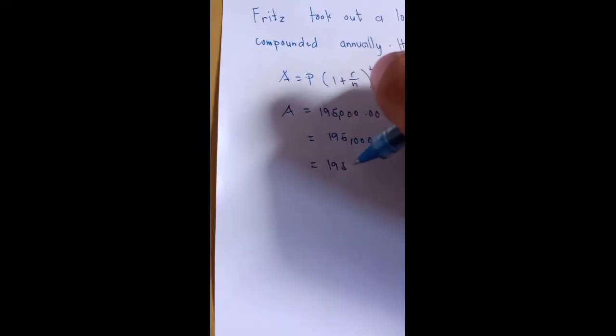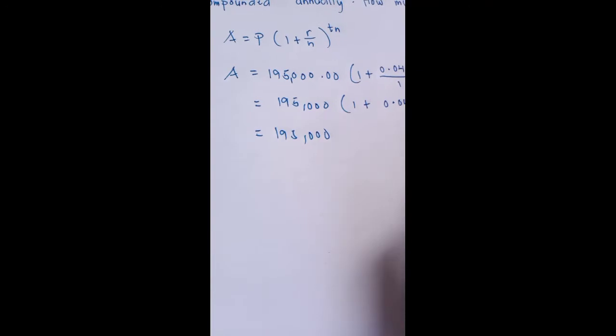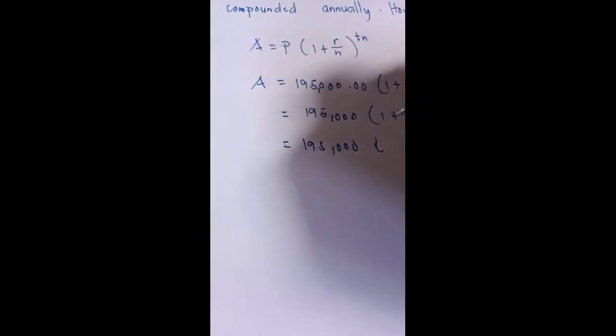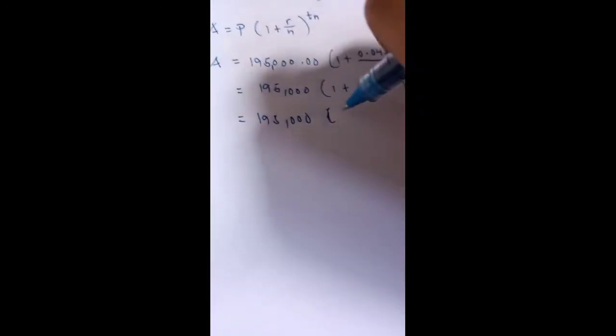Let's start: 195,000, and add this 1 plus 0.043, and that will be 1.043 to the power of 5.